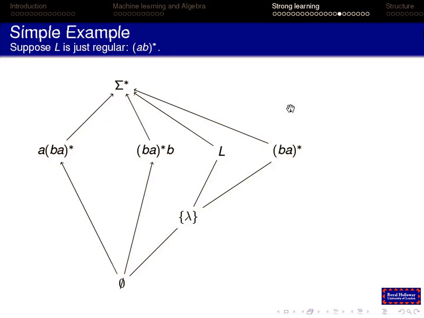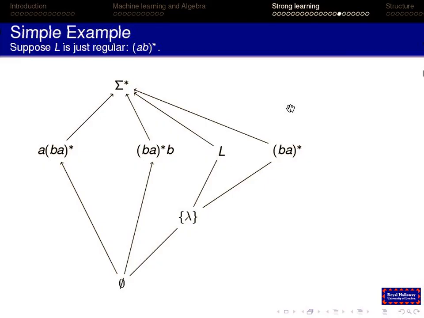Just to give you a concrete example of what this looks like, if the language is regular, then this semi-ring, this lattice, is going to be finite. For the trivial regular language (ab)*, we end up with this thing which has these 7 sets of strings.